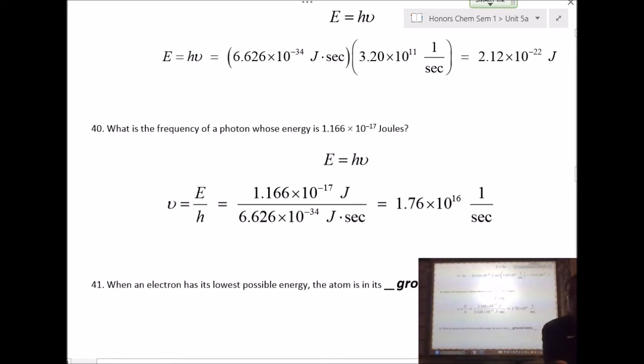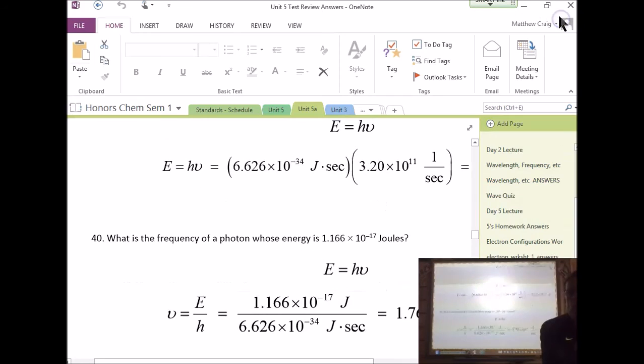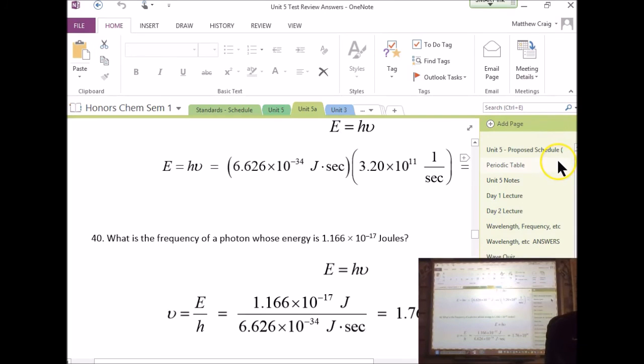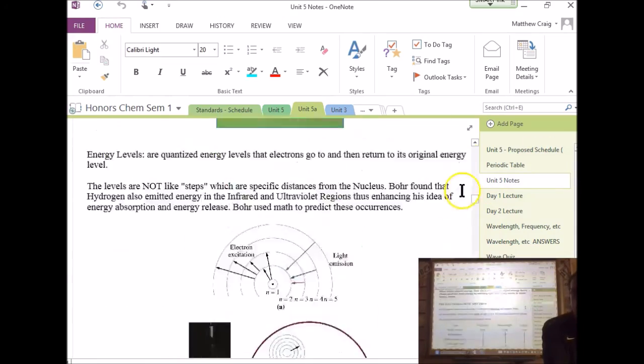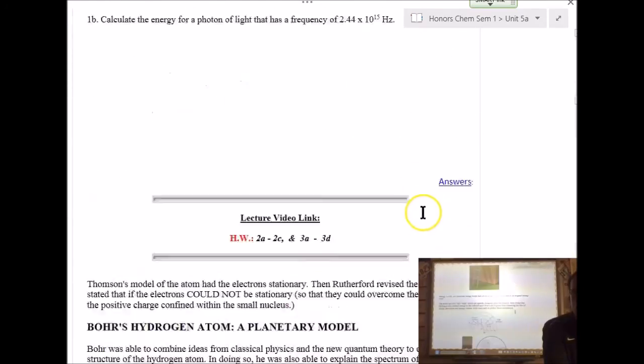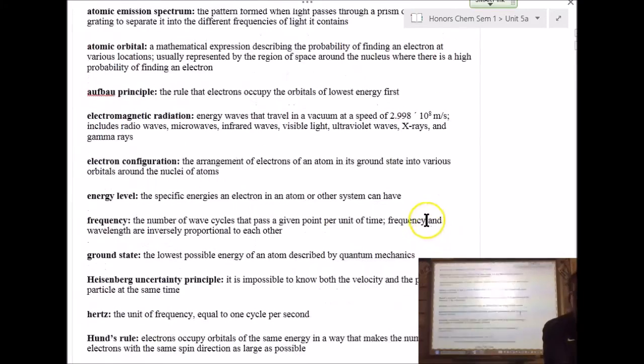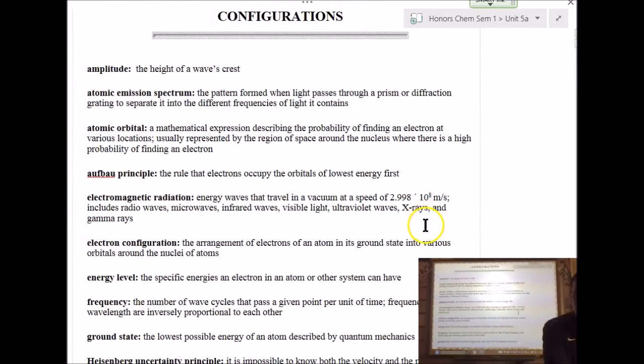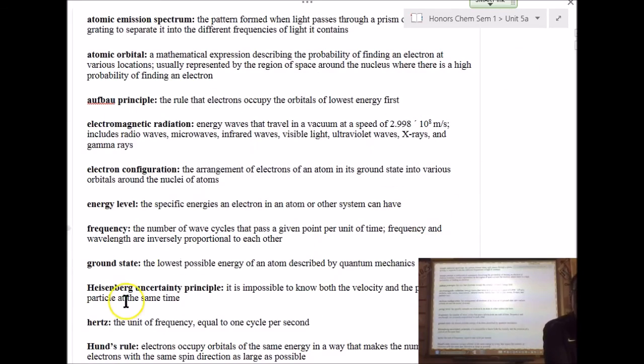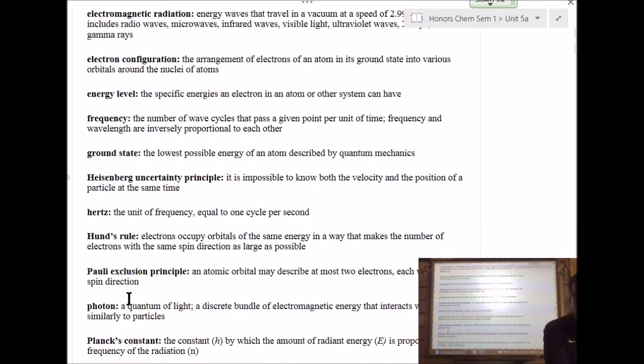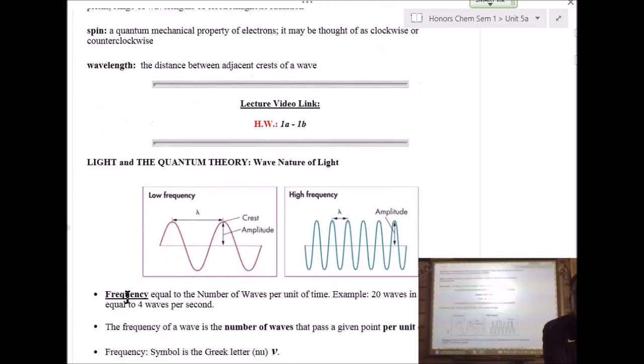All right, so for tonight, here's my recommendation. Take a look at the notes. Definitely take a look at the notes. There's lots of good information. Vocab at the beginning. Again, it's not a matching vocab test. I don't do that. But make sure you know what these mean so that you can answer the questions correctly.